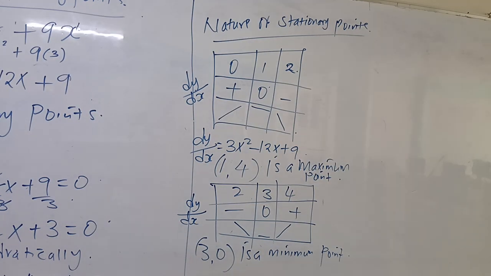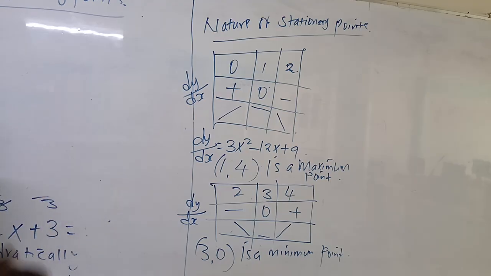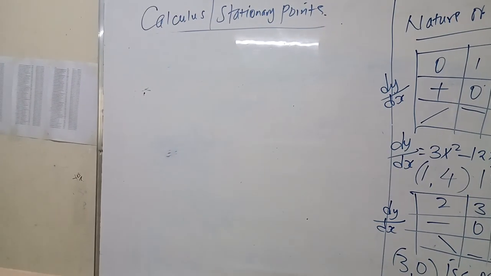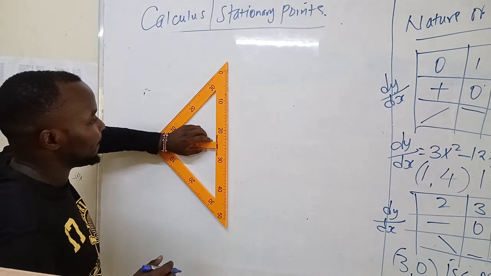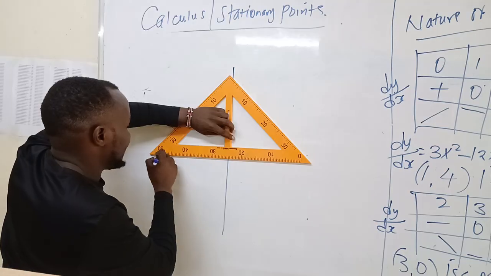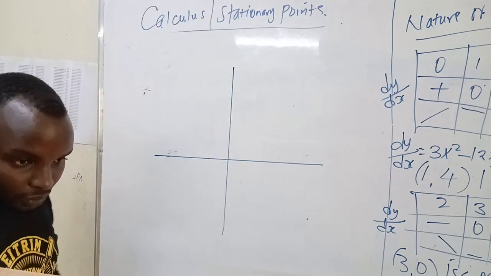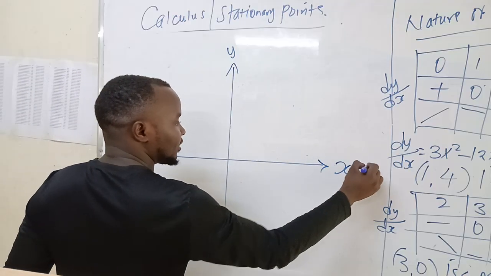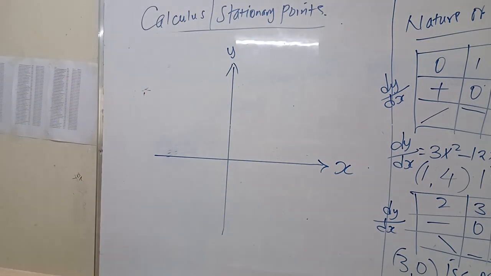So once you get there, you can now sketch the points. So you draw a Cartesian plane with the y-axis and the x-axis to sketch the points.